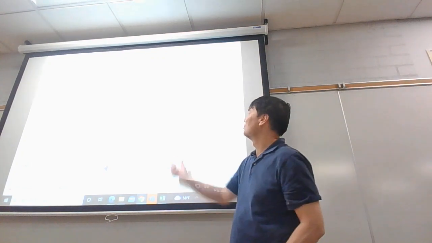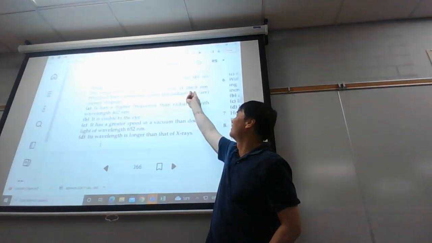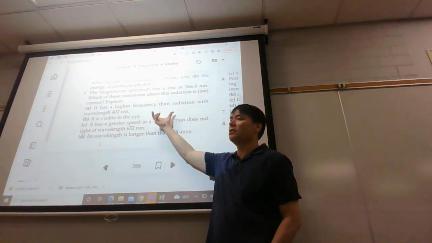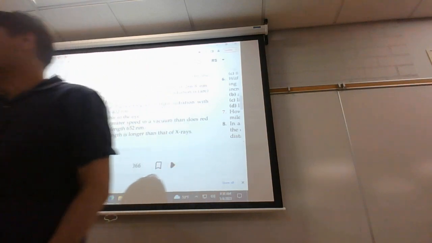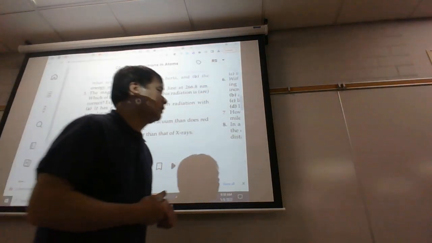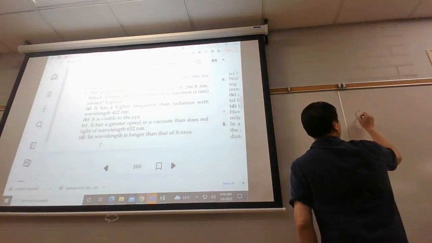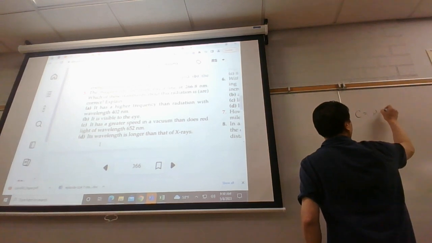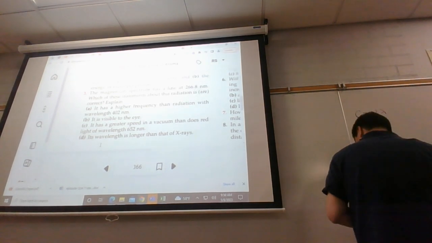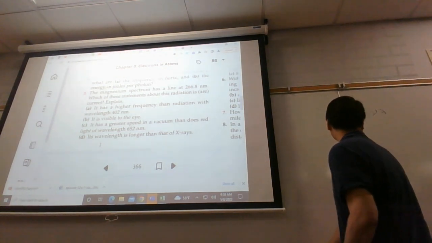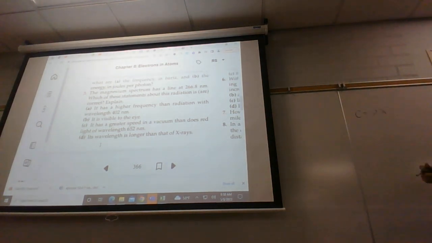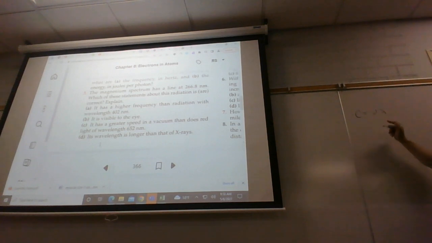Yeah, so the shorter wavelength, this should have a higher frequency because it's shorter. This is longer wavelength, so it should be lower frequency. We have this equation that relates frequency and wavelength. C is equal to nu times lambda, and the frequency times the wavelength is equal to the constant speed of light.